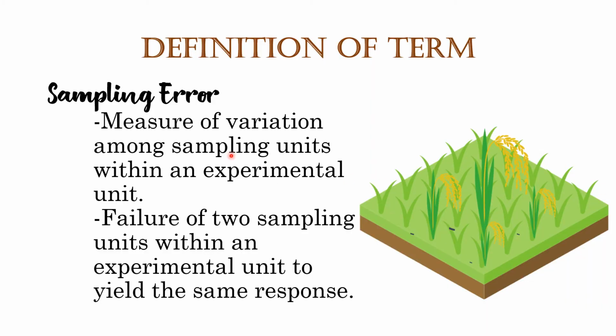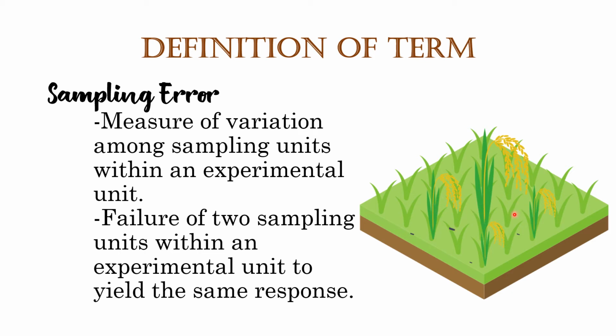Another term is the sampling error. It is the measure of variation among sampling units within an experimental unit. For example, our experimental unit is one plot, and the sampling units are, for example, one rice plant here, one rice plant here.